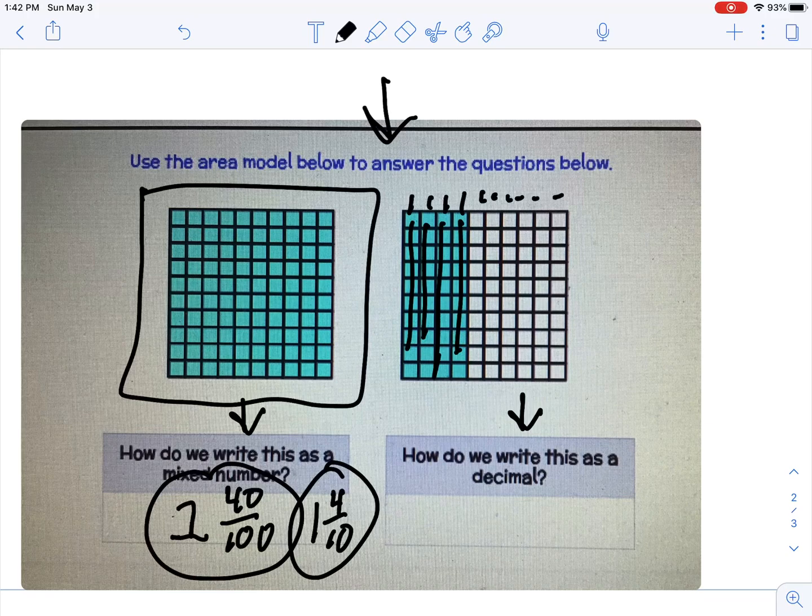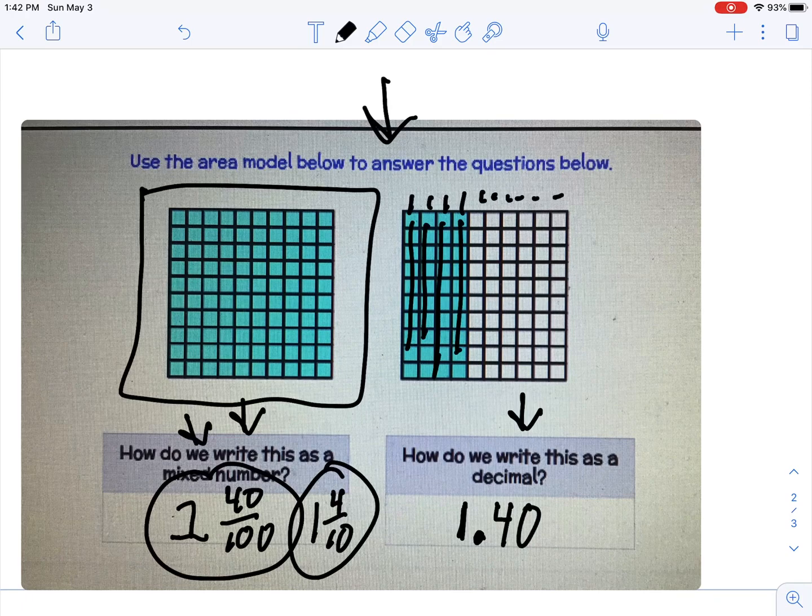All right. And then all you have to do is, whichever way you wrote the mixed number, you would just write that as a decimal. So again, the whole number is to the left of the decimal, and these are actually the same thing.